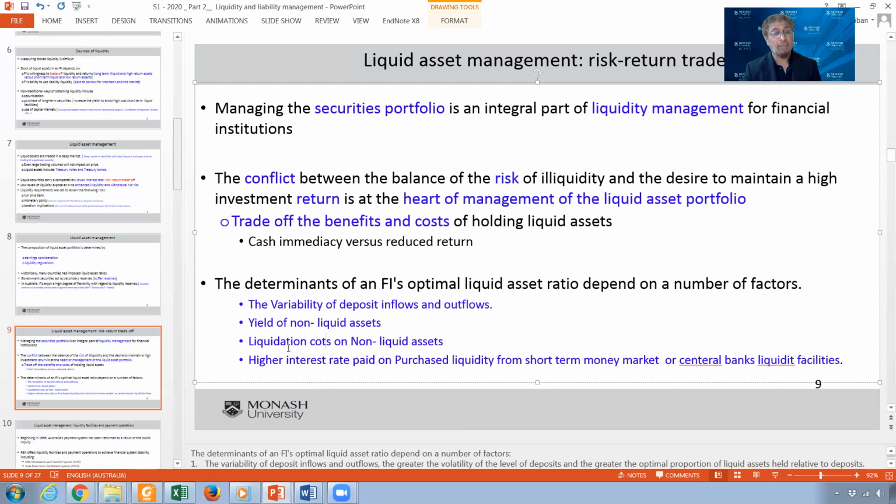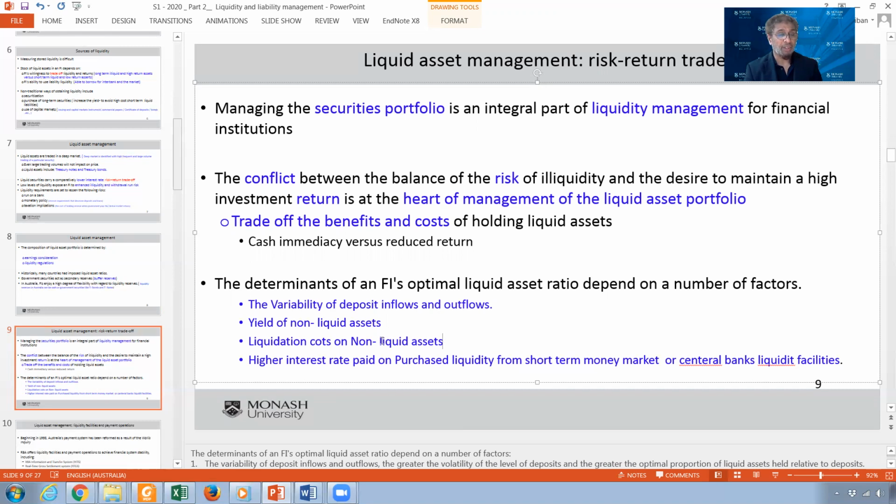Then also the liquidation. If you are living in a very liquid market and there is high volume of trading, in this case the spread is less. So there is no worry if you hold this portfolio of assets, because you can liquidate them very fast.